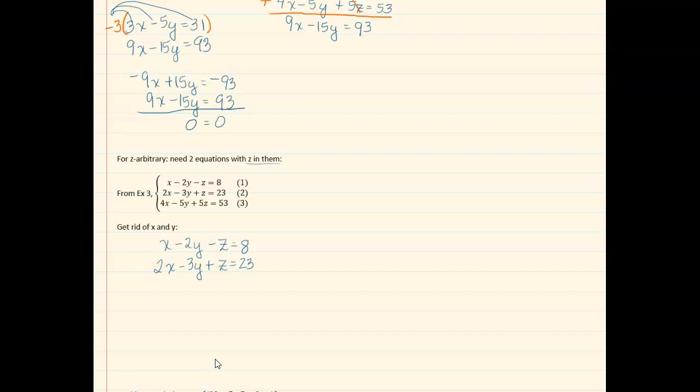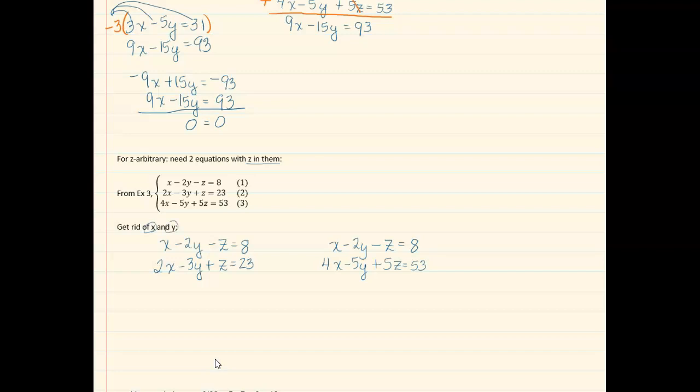And I'm going to do the same thing over here, except this time I'm going to have x minus 2y minus z is equal to 8. Notice I have equation number 1 written twice. Again, I'm going to go with my equation number 3, which is 4x minus 5y plus 5z is equal to 53. And what we want to do is get rid of x in one equation and get rid of y in the other.